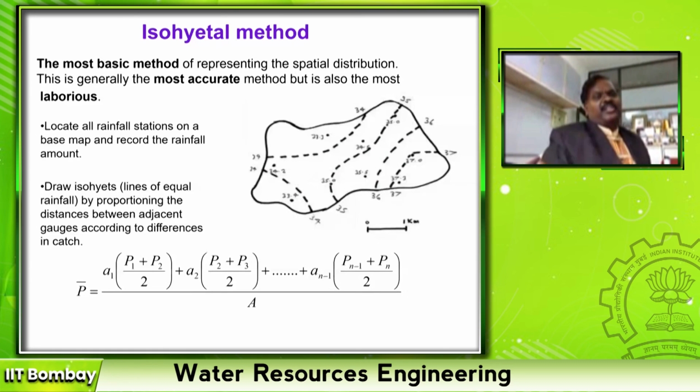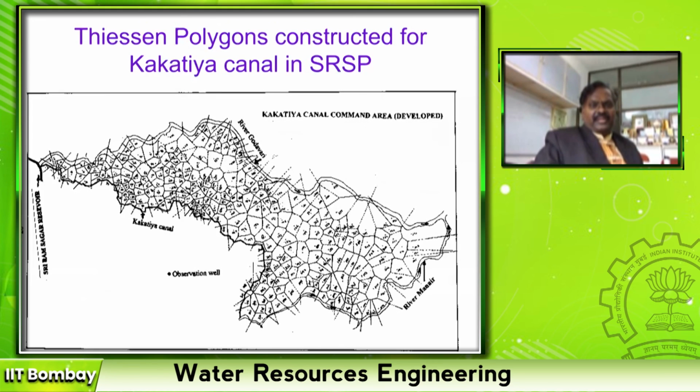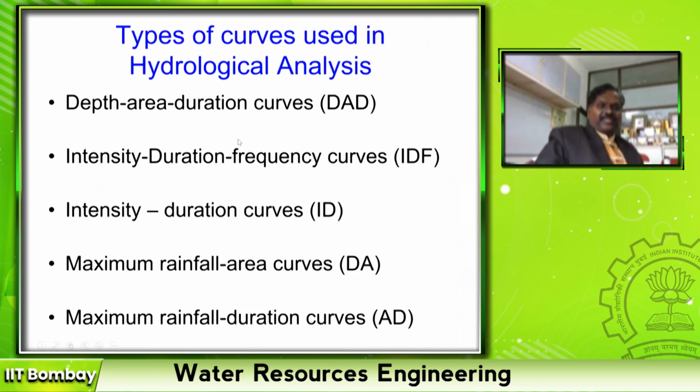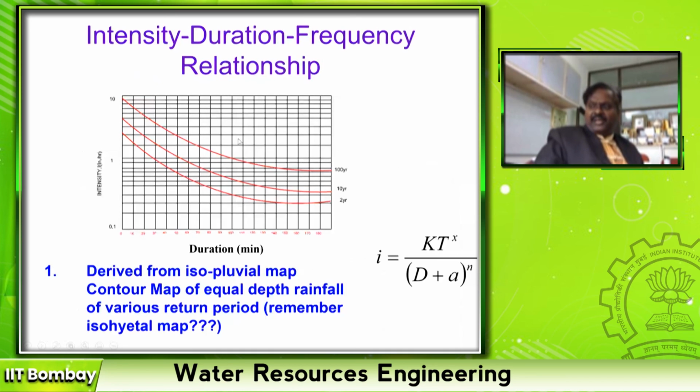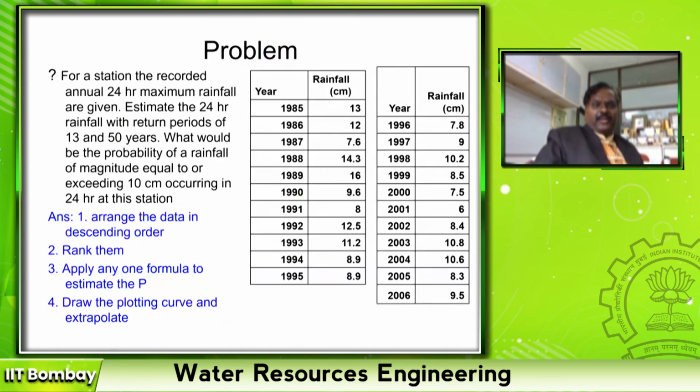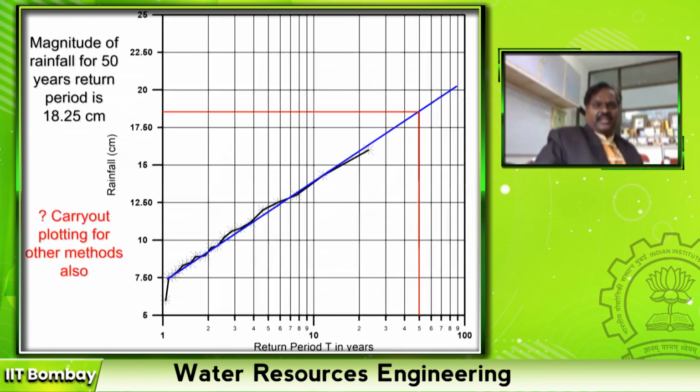So spatial lumping and temporal lumping, three methods. So these are all different. I think this is a sample Thiessen polygon we have constructed for one of the river basins, right? So this is one way of representing our rainfall. I think I will wind up here. This last portion we will take in the next class.